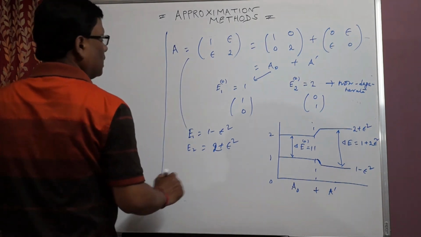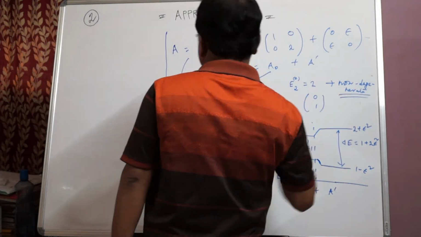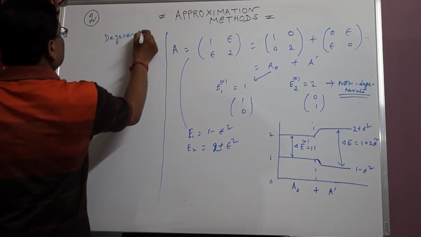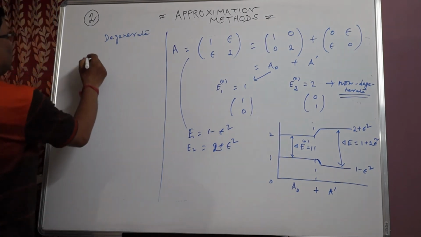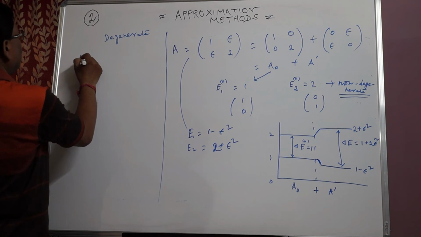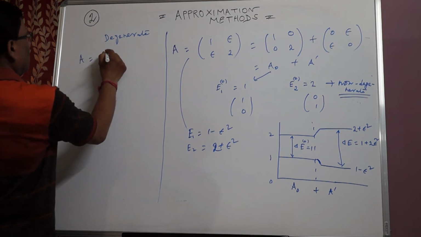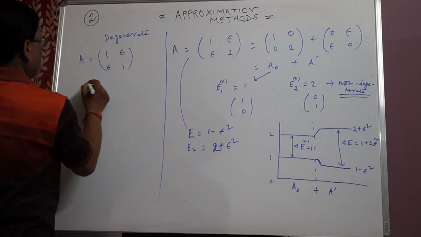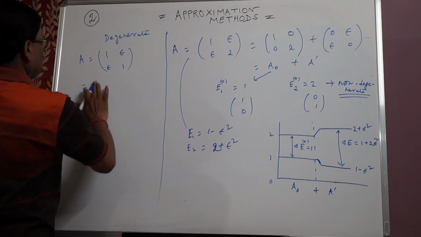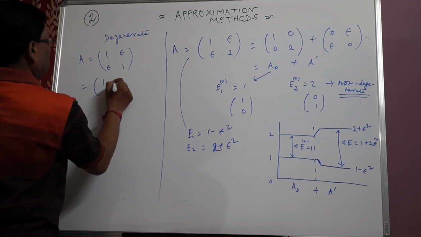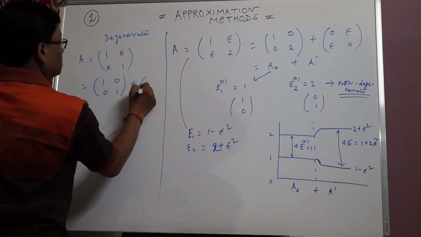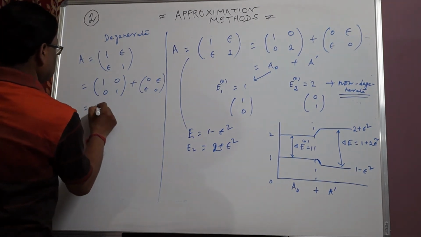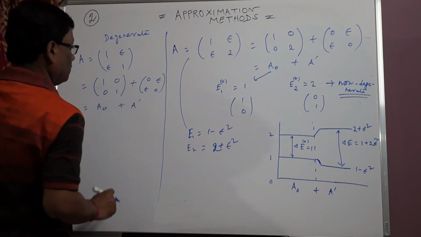Now we consider a degenerate case. Take the example of a matrix A equal to (1, epsilon; epsilon, 1). I subdivide this into the matrix (1 0; 0 1) plus (0 epsilon; epsilon 0), which is A0 plus A prime.